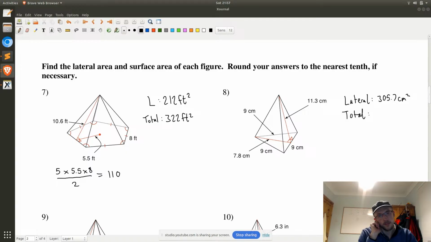Hmm. 9 times 7.8 is 70.2, and divide that by 2. So 35.1. It is right. 35.1 added to that is 340.8 square centimeters.